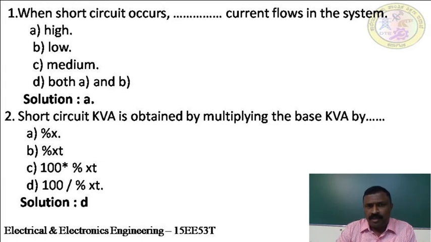You have a formula for calculating kVA. The short circuit kVA can be given as base kVA into 100 divided by percentage X total. So therefore the solution for this is D.